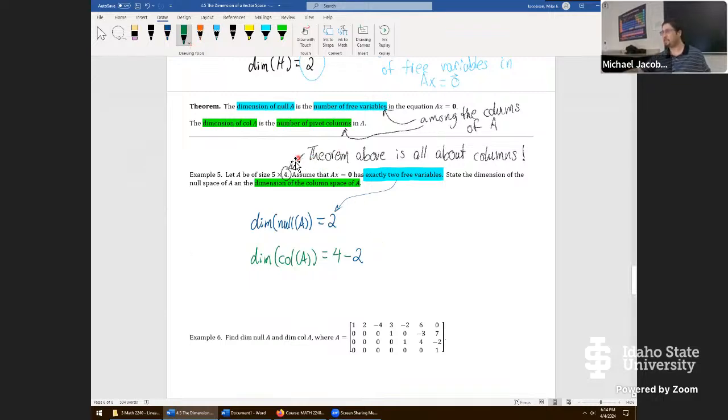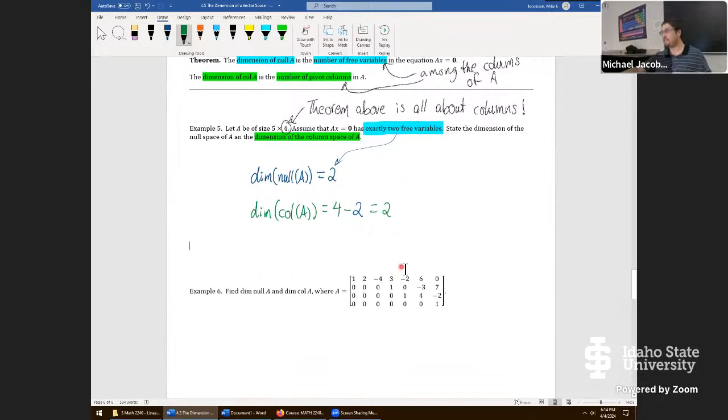In other words, this is simply the observation that the number of pivot columns and the number of free variables adds up to the total number of columns in your matrix A. So this one turns out to be 2 as well. Well, any questions, folks, with that concept question there? Kind of nice. You don't even need to reduce anything about this matrix. The moment you had that information, you're all set.